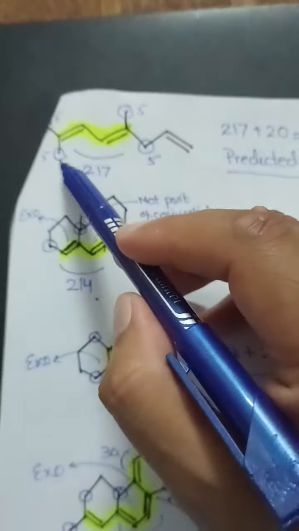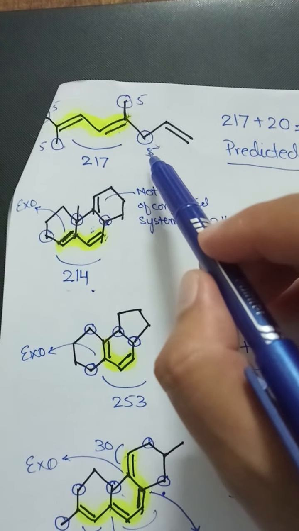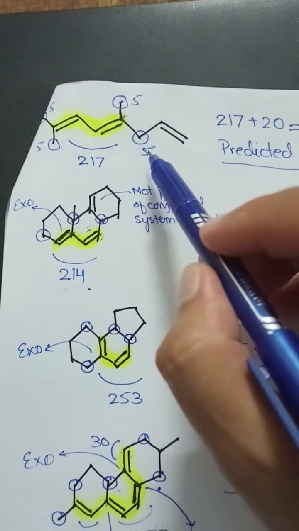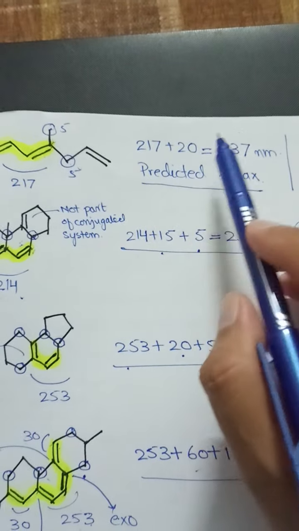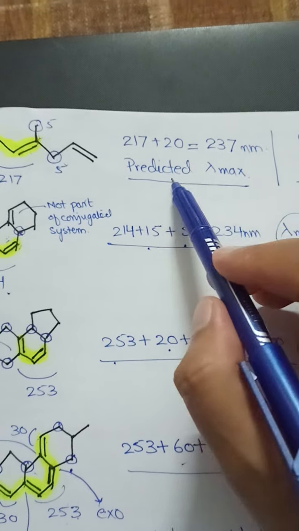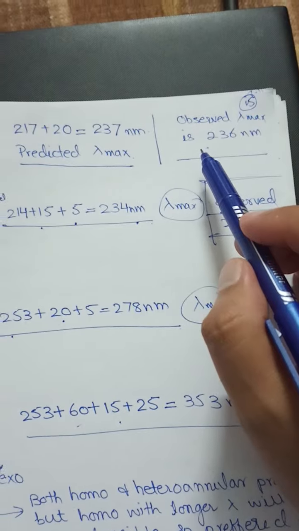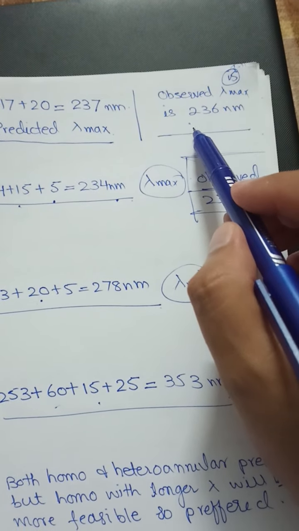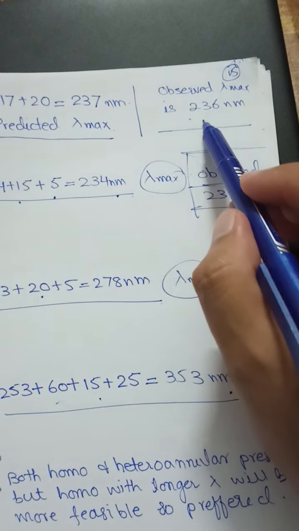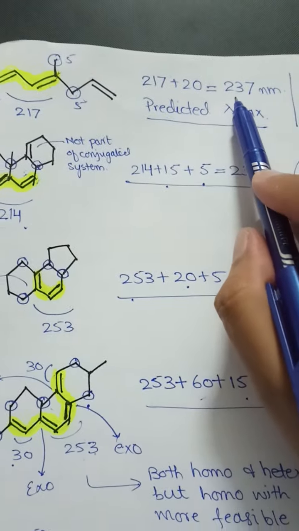So 1, 2, 3 and 4 alkyl groups or ring residues increase the base value: 217 plus 20 gives 237 nanometer, which is the predicted lambda max. If we observe this compound experimentally on a UV-visible spectrophotometer, the observed value was 236 nanometer, which closely matches this theoretical value.